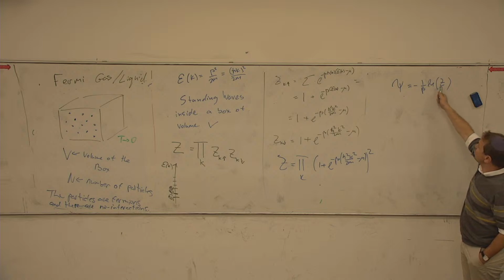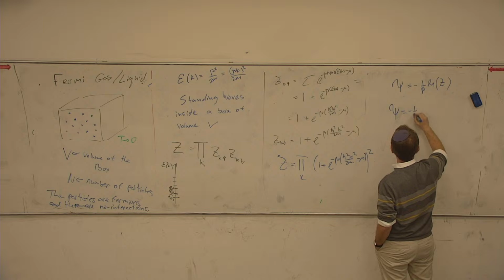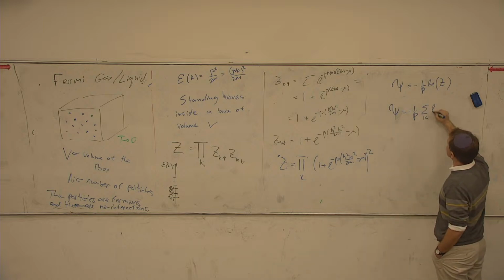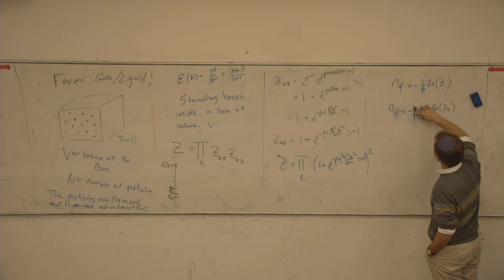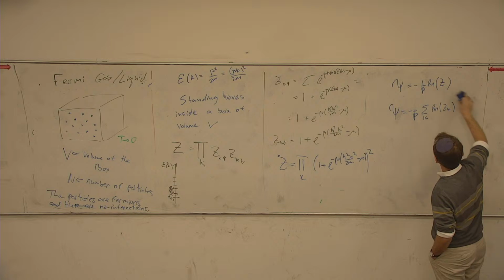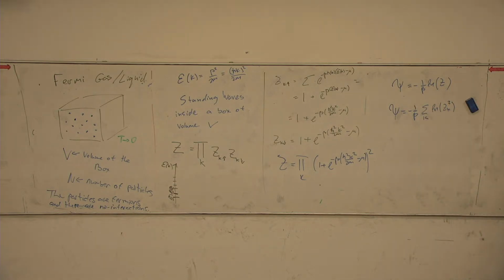Since we have a log of Z, psi equals minus 1 over beta, a sum over all the different k's, of log of z_k, with the power 2 coming out as a factor. Very nice.